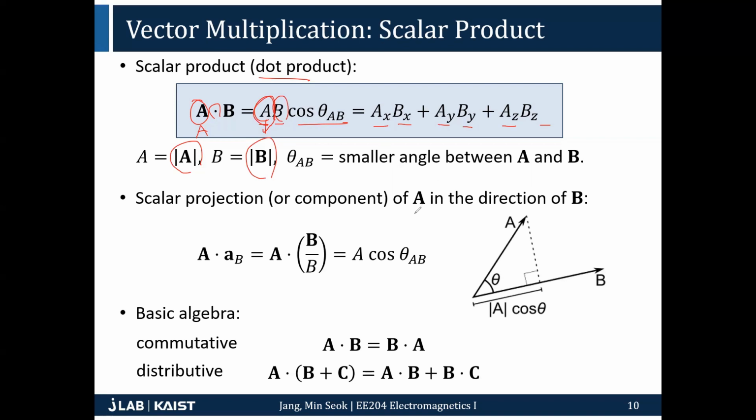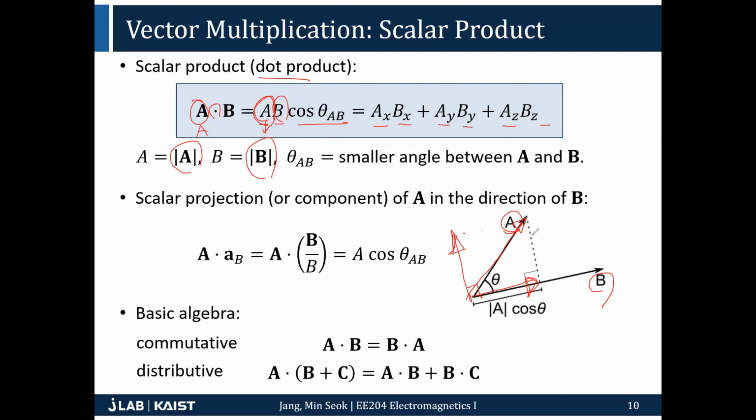So for instance, if somebody asks you to calculate the component of A along the direction of B, then you can immediately decompose A into two vectors. One is parallel with the B vector, and the other like this, right? Perpendicular to the B vector.